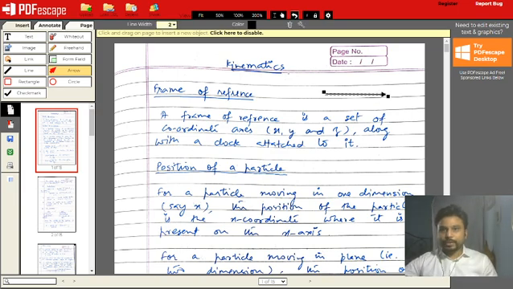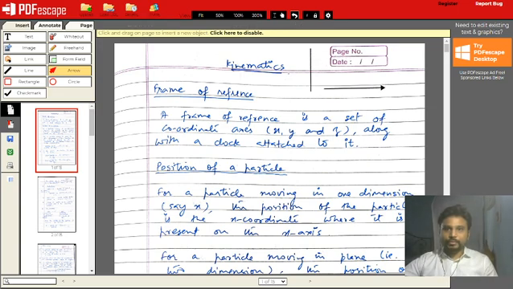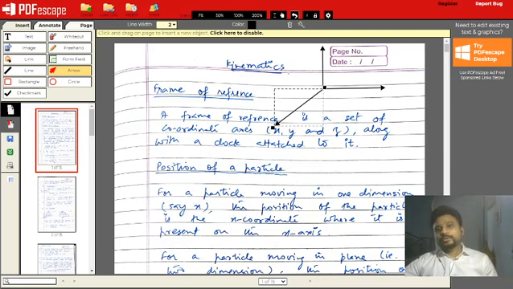So here we have drawn the x-axis, y-axis, and the z-axis. So x, y, and z are three mutually perpendicular axes which intersect at the origin.